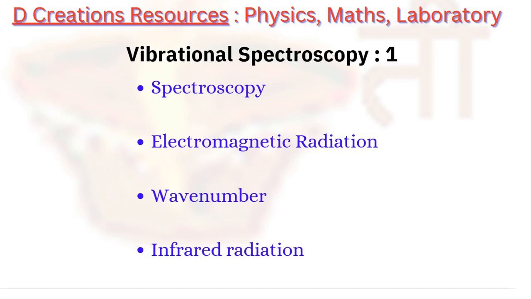So the electromagnetic spectrum consists of several regions, right from the radio frequency region, where the energy changes arise from the reversal of spin of a nucleus or electron, and the spectroscopy techniques that utilize this region are nuclear magnetic resonance and electron spin resonance.